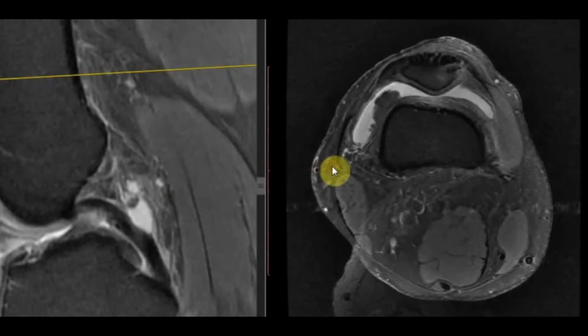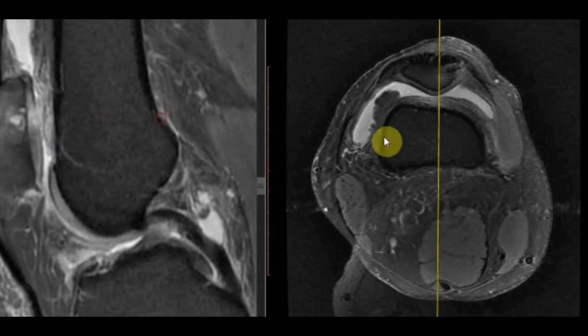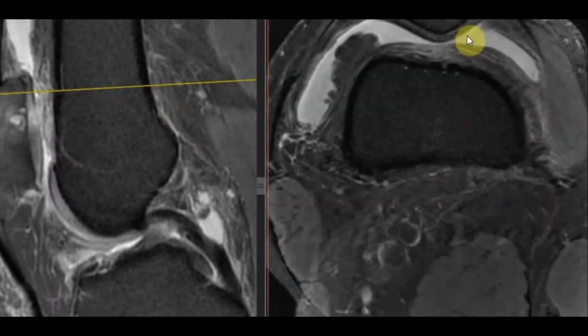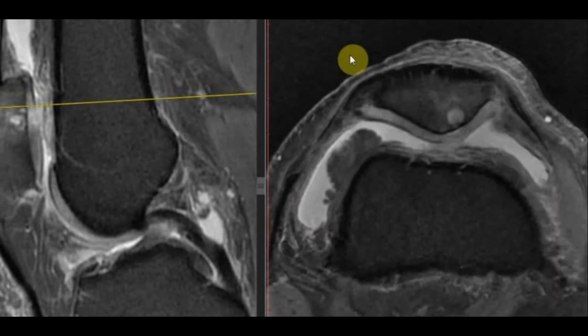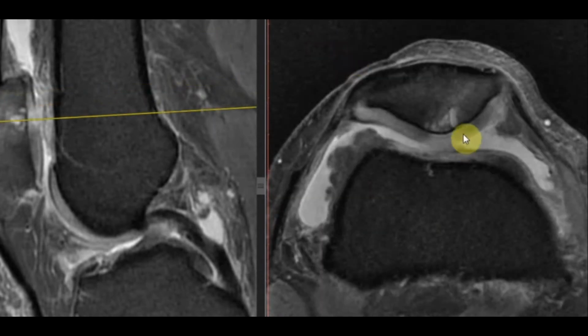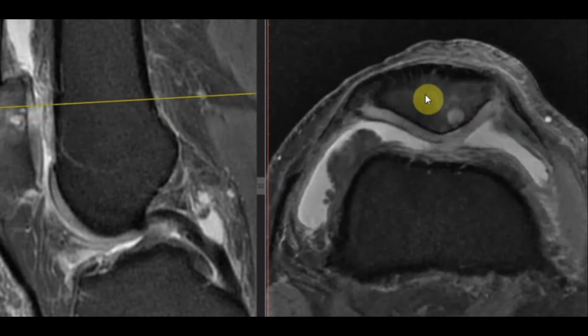Let's see the axial plane. So here there is cartilage degeneration, hyperintensity within the cartilage, and the underlying bone is showing cystic changes.